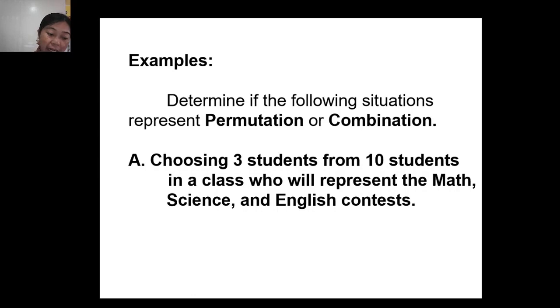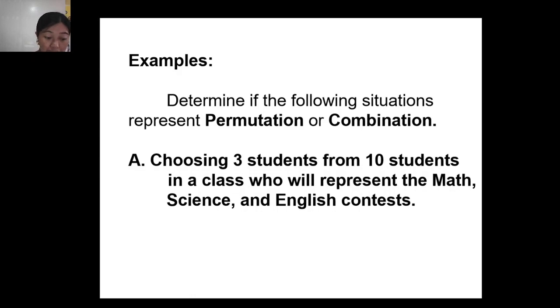After the 3 students are chosen, so pipili tayong 3 estudyante, each one of them will be assigned as a contestant in math, science, and English. Kasi after mong pumili ng 3, mag-a-assign ka sa kanilang 3 kung sino ang magiging contestant mo sa science, sino sa math, sino sa English.